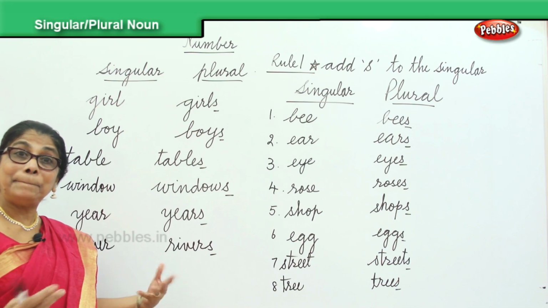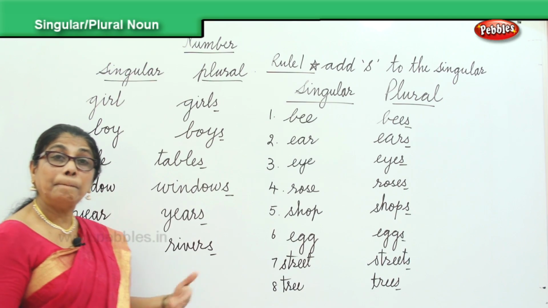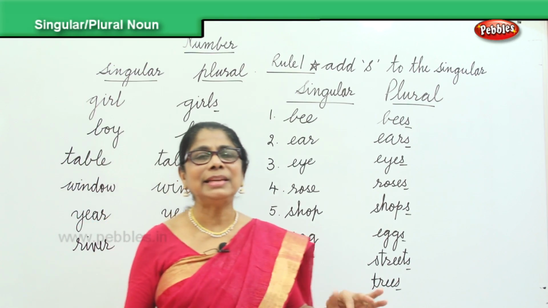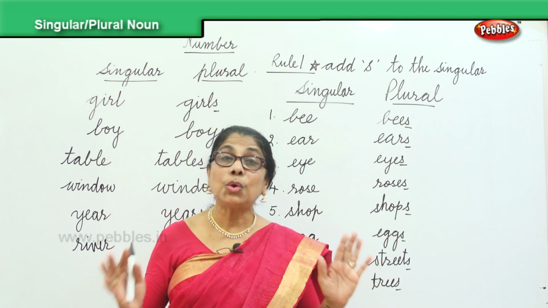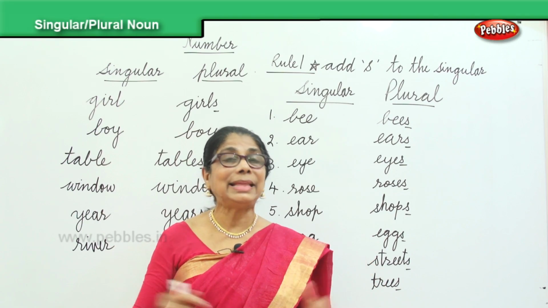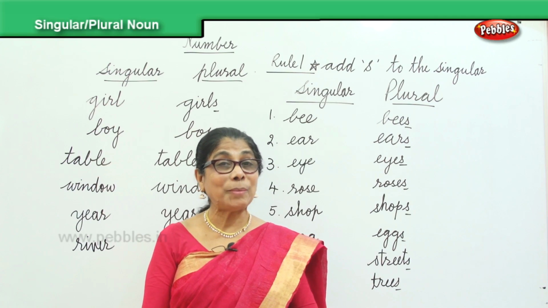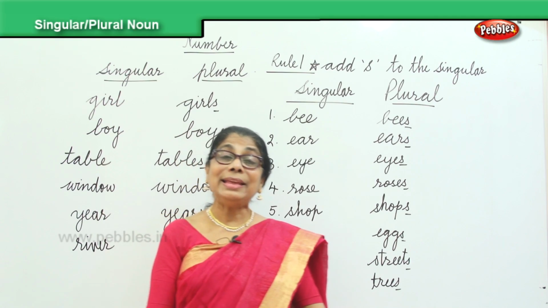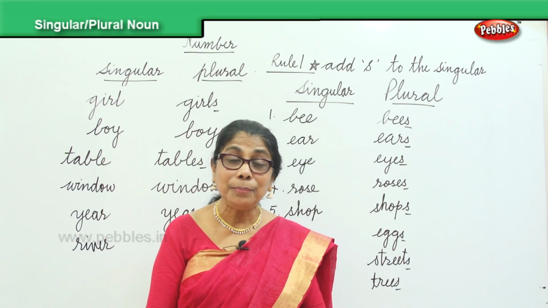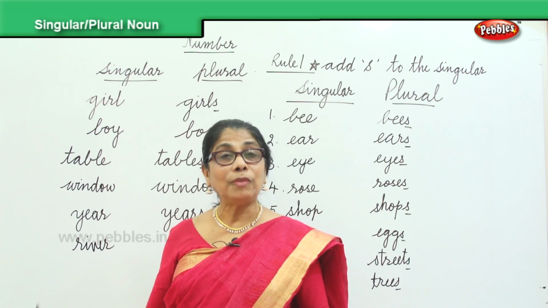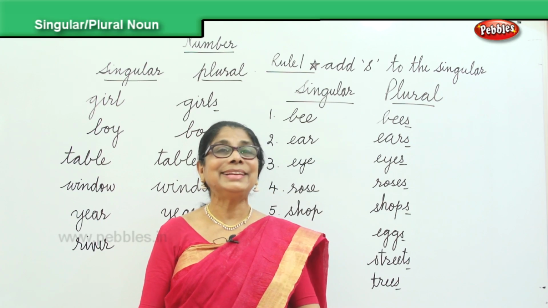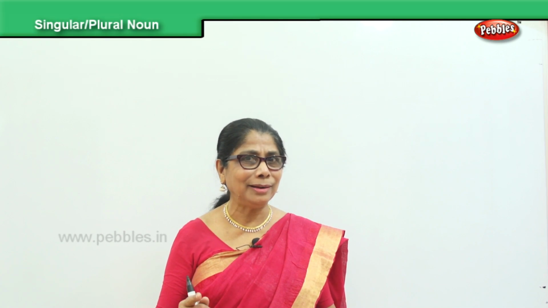Pen, pens, book, books. Simple things. Look at the nouns and the rule to be followed, that has to be kept in mind. So we learned the first rule to form the plural form, to add an s to the singular form. For example, girl, girls. Having learned rule number 1, to form the plural, we added an s.